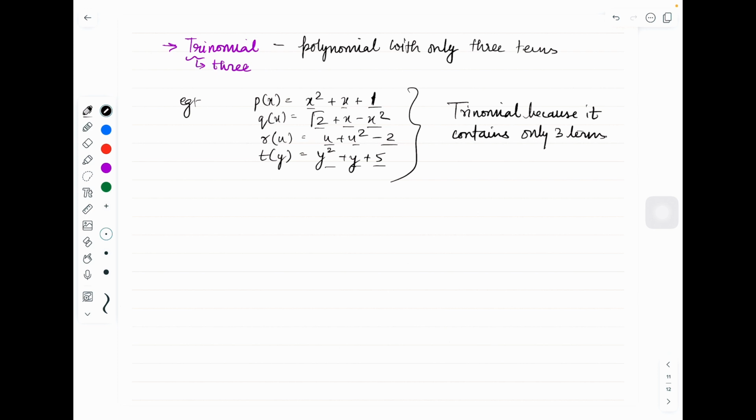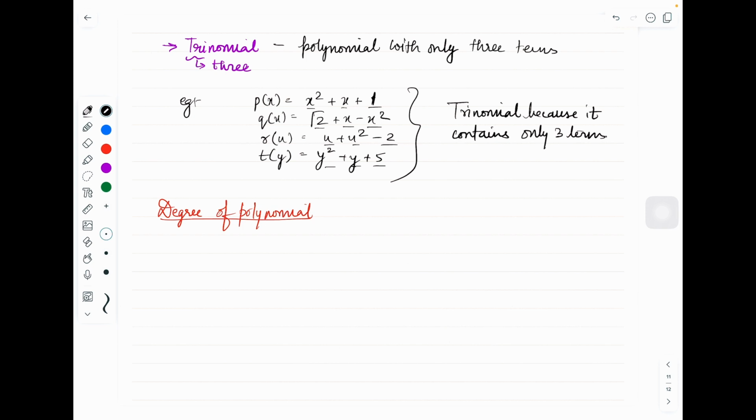Now here what you are going to learn? We are going to learn about the degree of a polynomial. What is degree?